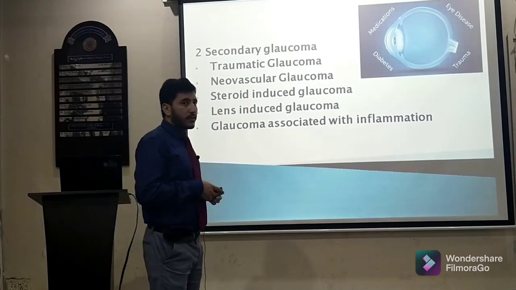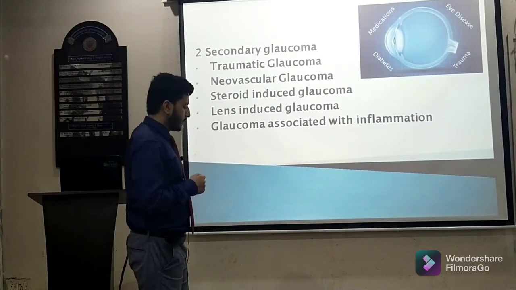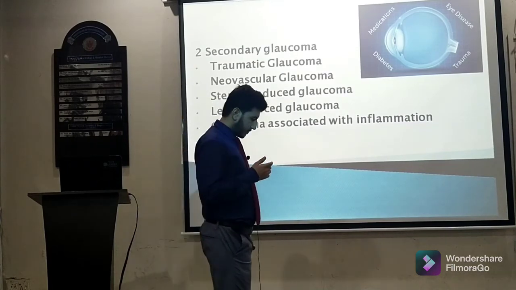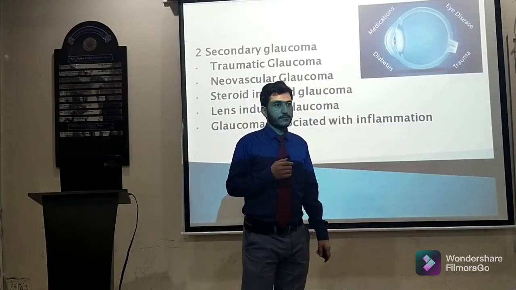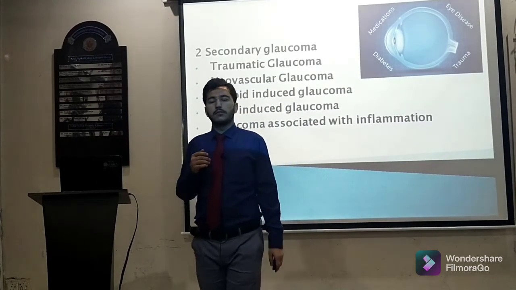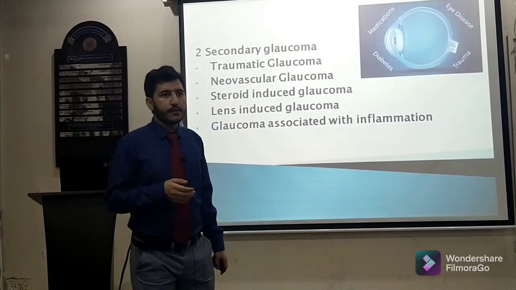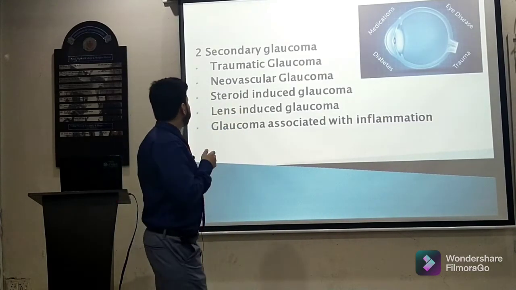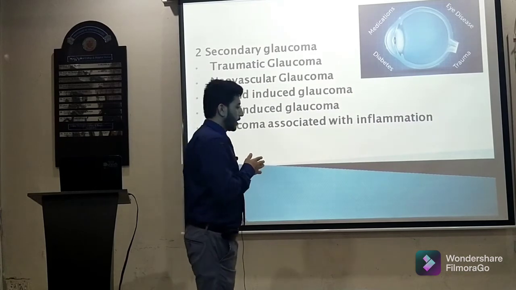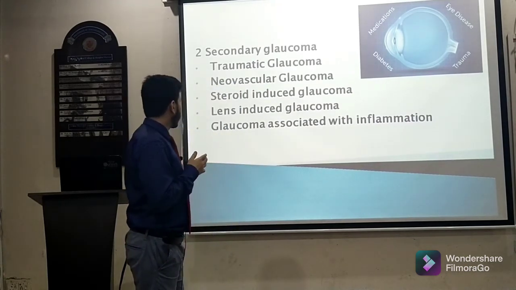Another type is secondary glaucoma. Secondary glaucoma means it is due to another disease, like trauma, or neovascular glaucoma, like in diabetes mellitus.